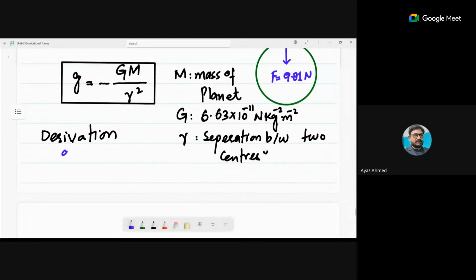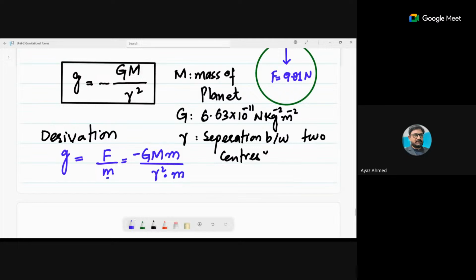That is, if we write g is equal to F by m, and that F is minus G times the mass of the planet, the mass of the point mass or object, divided by r square, into this m.